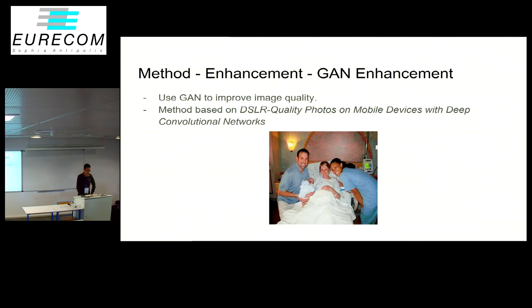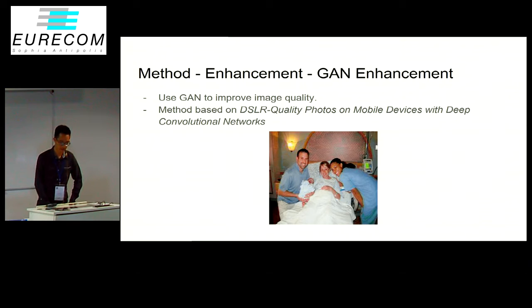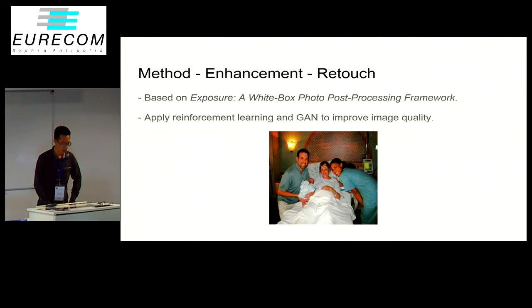The next is GAN enhancement, where they apply the method from DSLR-quality photos on mobile devices with deep convolutional networks, and they also tried retouching images by applying reinforcement learning and GAN to improve image quality.